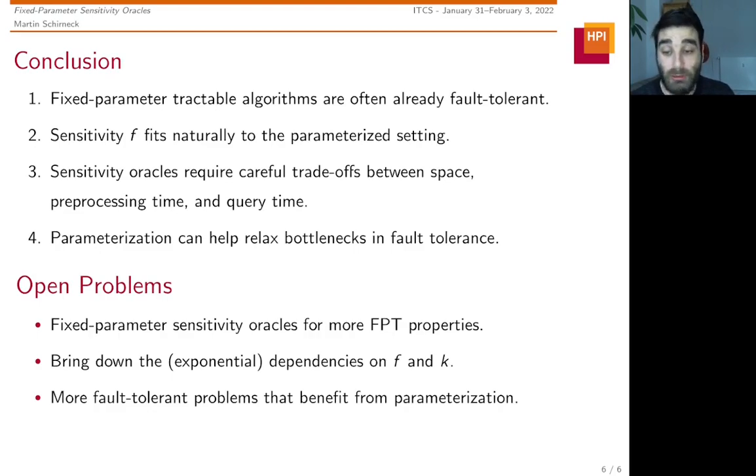But still currently we have huge dependencies on F and K that must be improved. And lastly, it would be interesting to see more fault-tolerant problems that can benefit from parameterization, where you can relax maybe the objective a bit in order to sidestep known lower bounds.